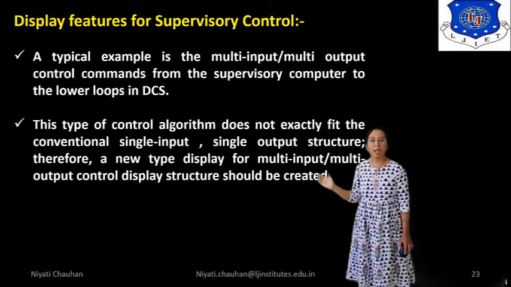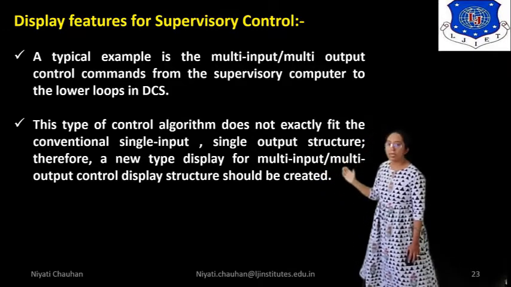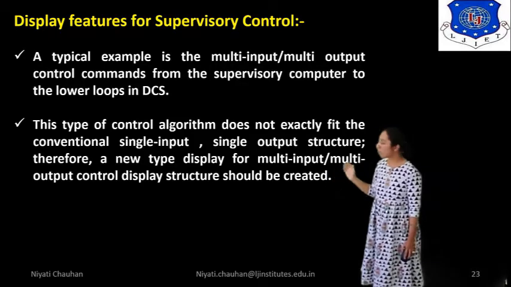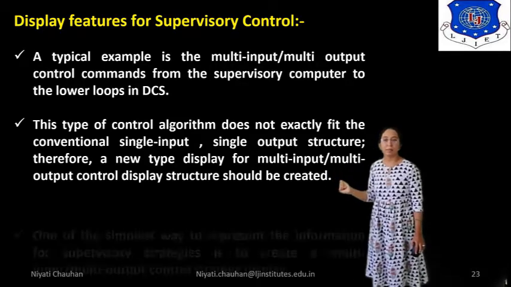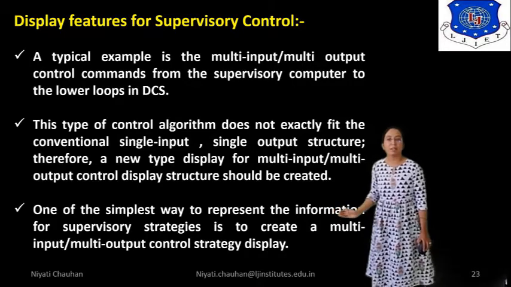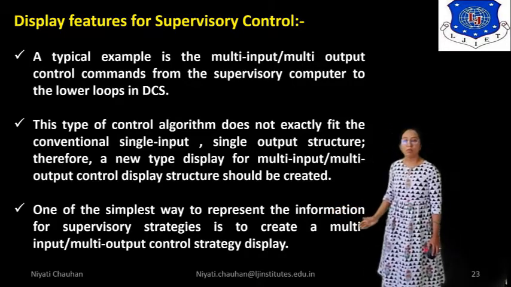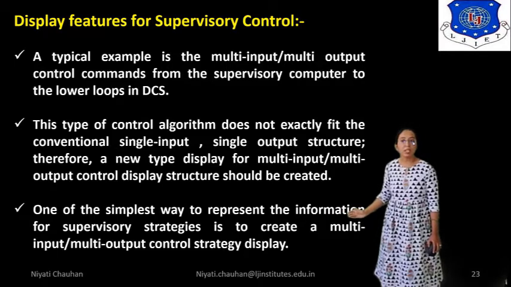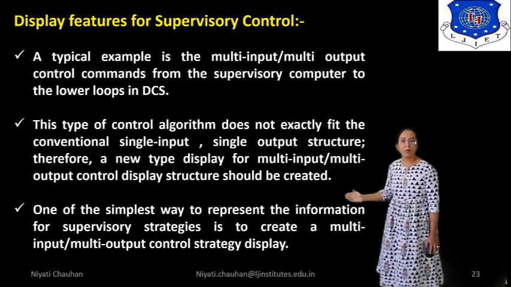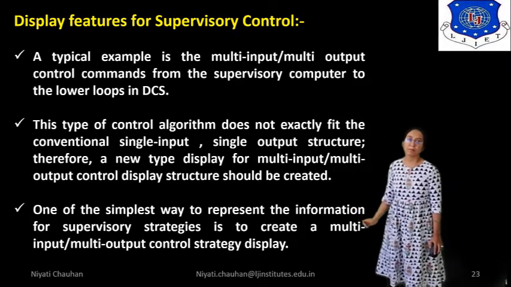Therefore, a new type of display for multi-input and multi-output control structure should be created. One of the simplest ways to represent the information for supervisory strategy is to create a multi-input, multi-output control strategy display.